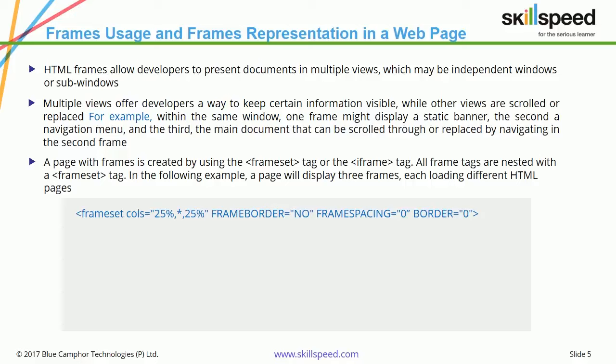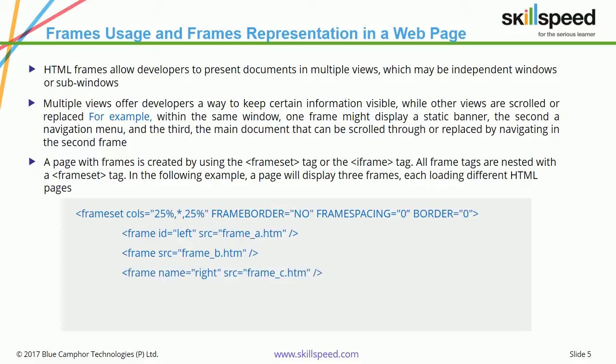Then we have the frames with frame name equals left, src equal to frame_a.htm, the second frame src equal to frame_b.htm, the third frame name equals right and src equal to frame_c.htm, and then we finally end the frameset tag.